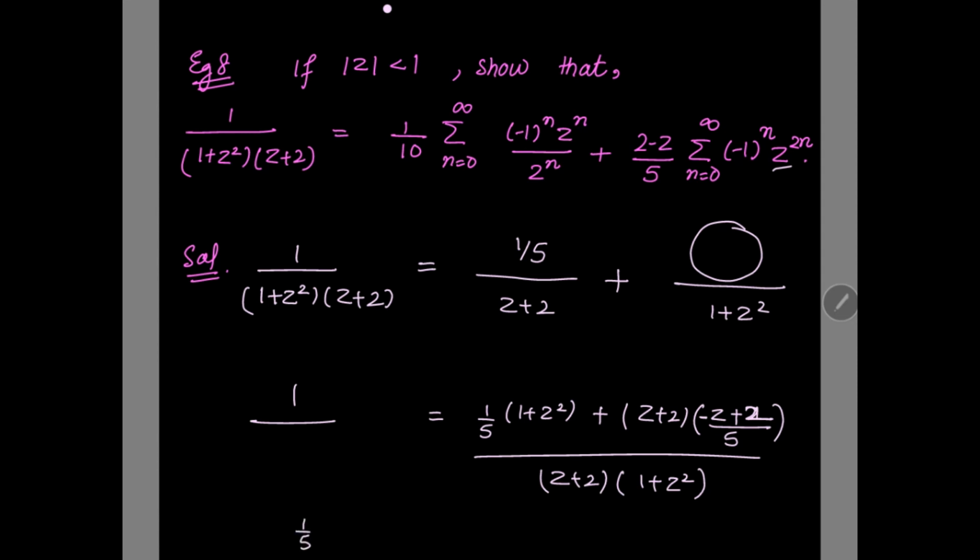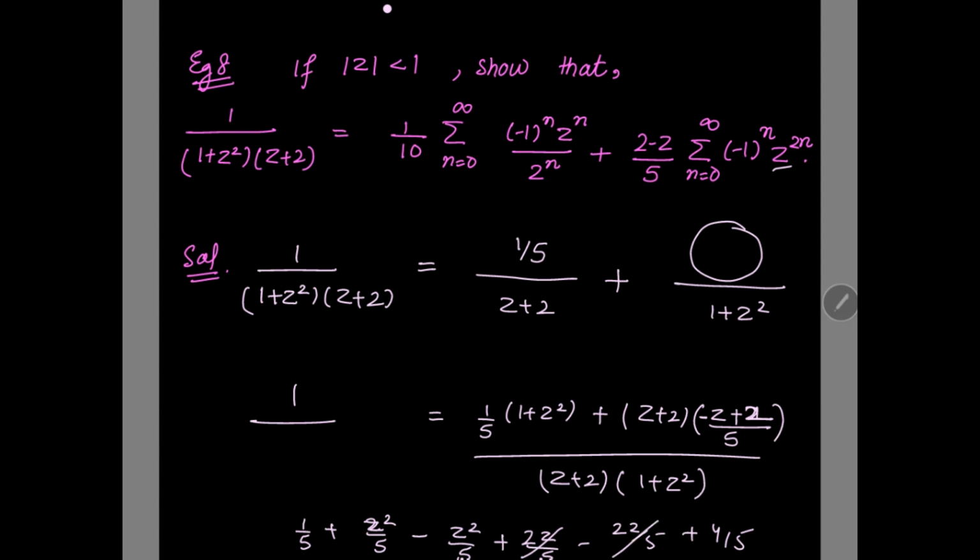This is 1 by 5, this is z square by 5, this is minus z square by 5, this is 2z by 5, and then this is minus 2z by 5, and then it is 4 by 5.